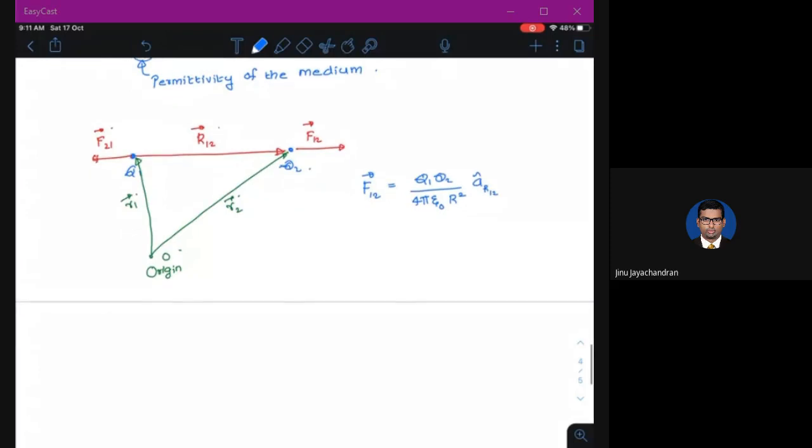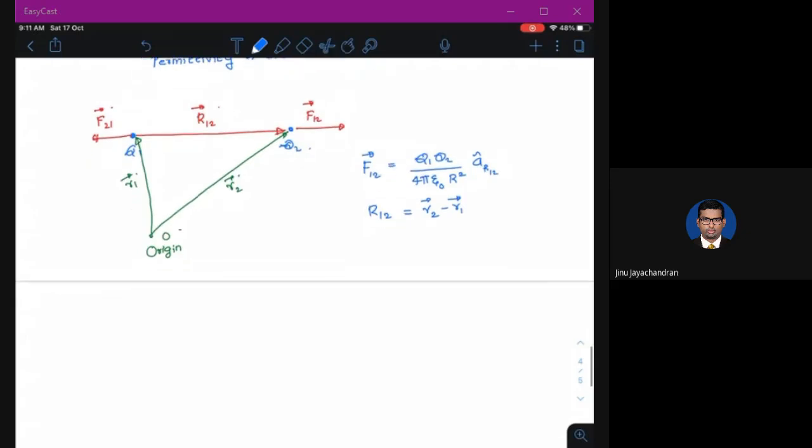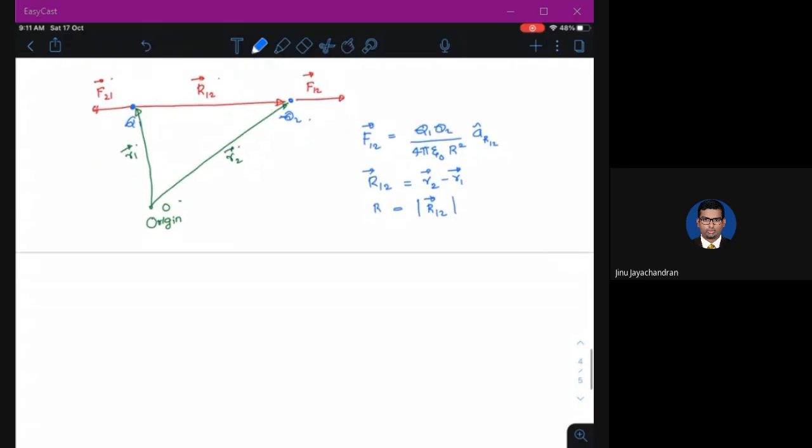where R12 is the difference of the position vectors R2 minus R1, which we have seen already as displacement vector. R is actually the magnitude of the vector R12, and the unit vector R12 is the vector R12 divided by the magnitude of the vector R12.